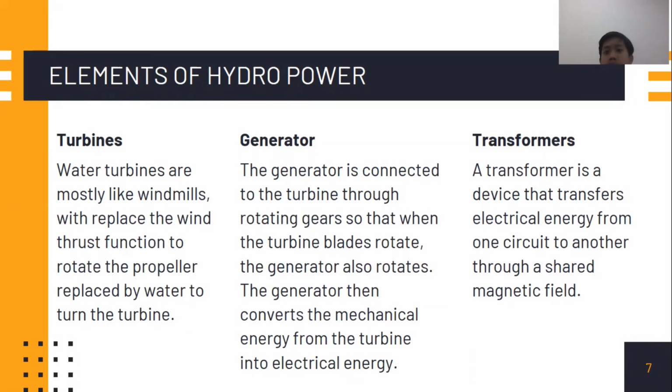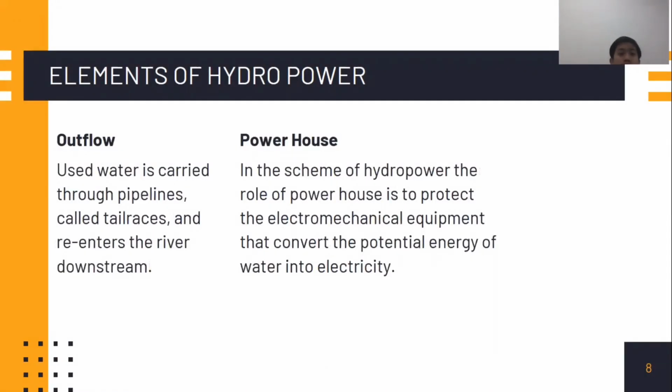Transformer. A transformer is a device that transfers electrical energy from one circuit to another through a shared magnetic field. Outflow. Used water is carried through pipelines, the tailrace, and re-enters the river downstream.